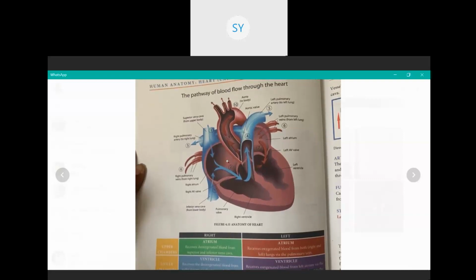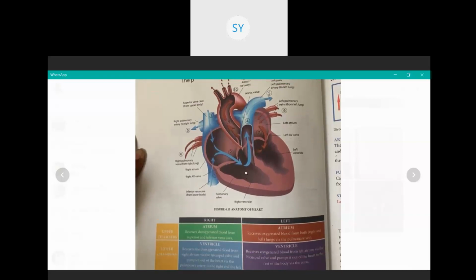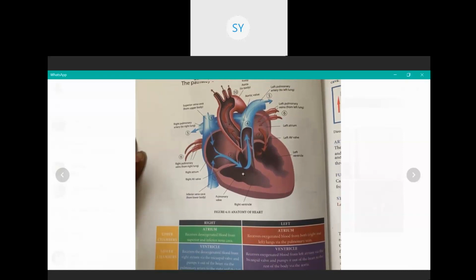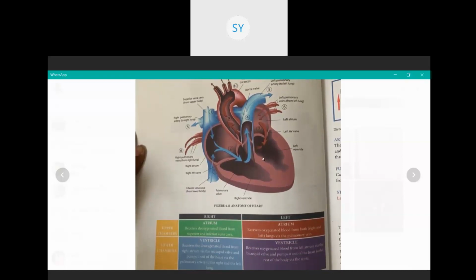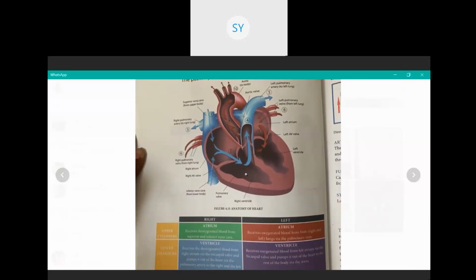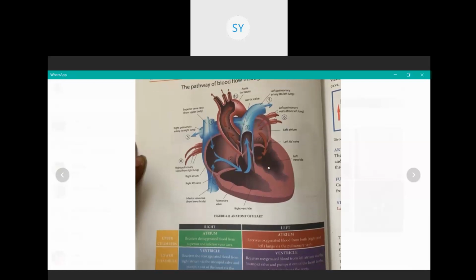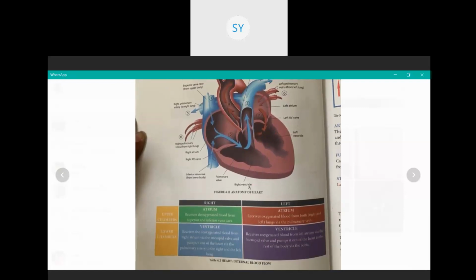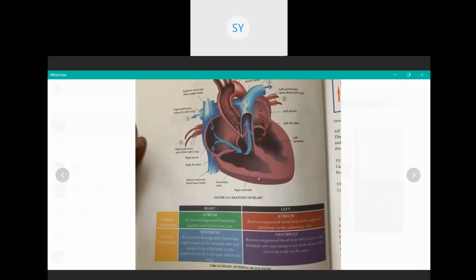So we have two atria and we have two ventricles. See here, one and two. As well, on the right side it is called right ventricle, and on the left side that is called left ventricle. It is even labeled already, so you can see here it is telling you it's the right ventricle and this is the left ventricle.